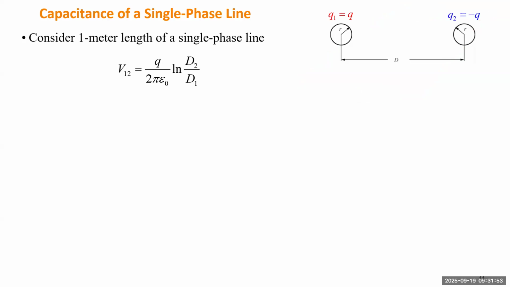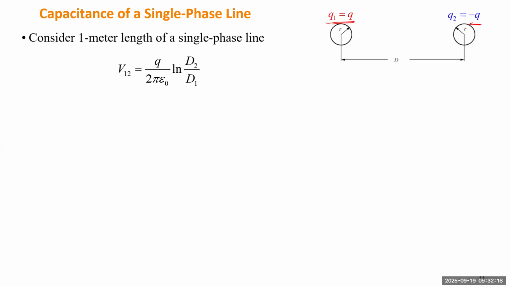If we treat the entire circuit as having net zero charge, then if one conductor is carrying positive charge at this moment, the other will carry negative charge. Their charges will be opposite to each other, at the same radius and a distance of d.